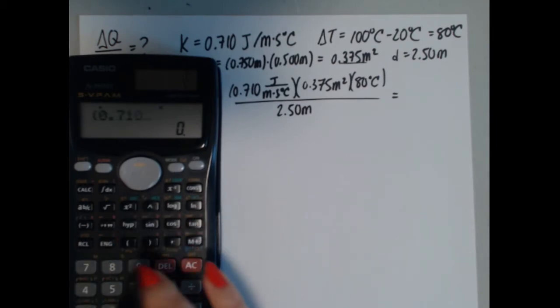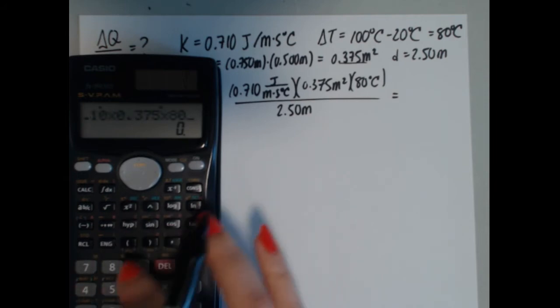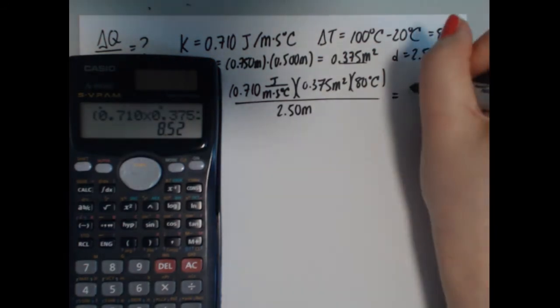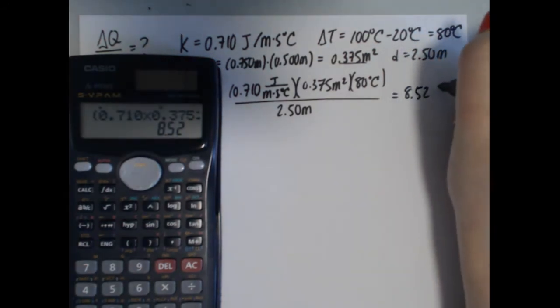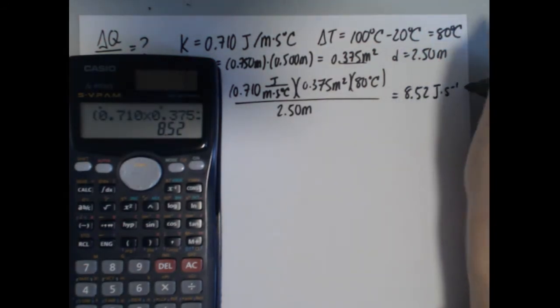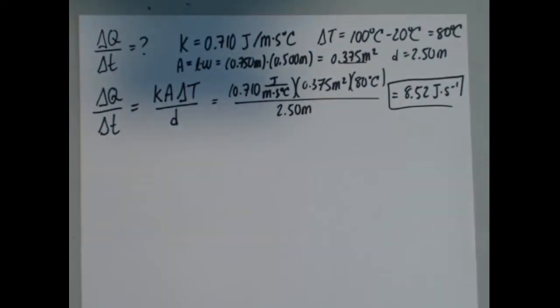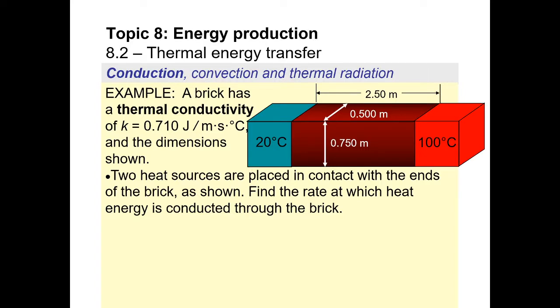We have 0.710 times 0.375 times 80 divided by 2.5, so we get 8.52 joules per second. This is the rate of energy transfer. With that, we bring to a conclusion our analysis of conduction.